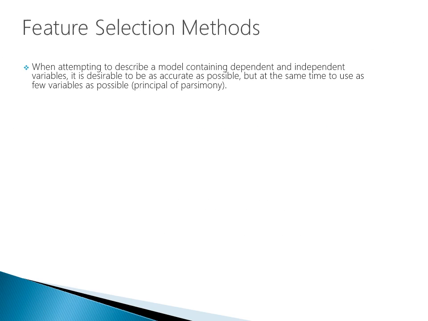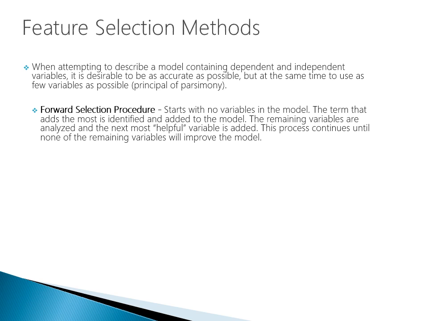When attempting to describe a model containing dependent and independent variables, it is desirable to be as accurate as possible, but at the same time to use as few variables as possible, and this is called the principle of parsimony. To help us find models with fewer variables, there are some automated techniques that we can use, one of which is a forward selection procedure, and this is helpful in linear regression model building.